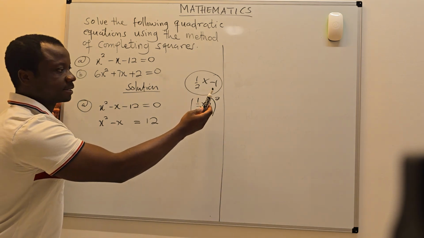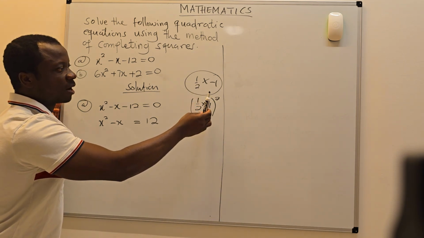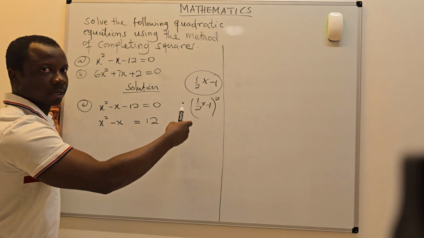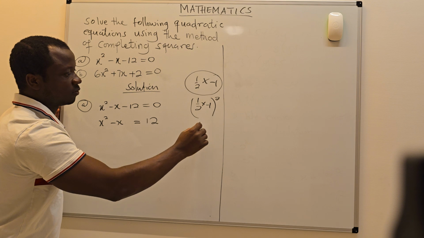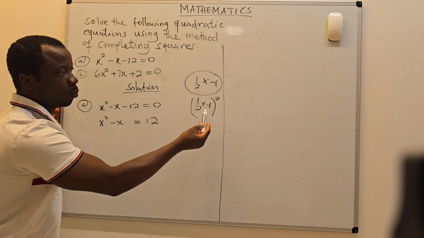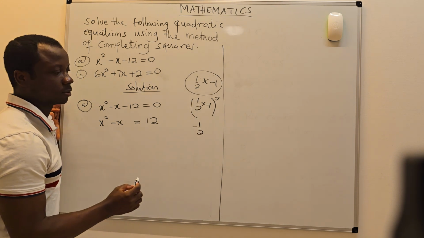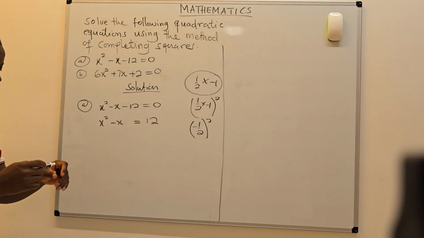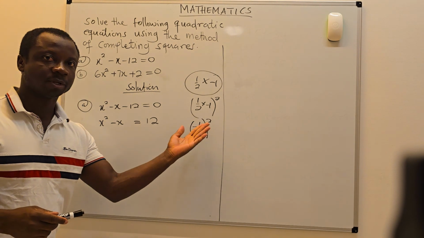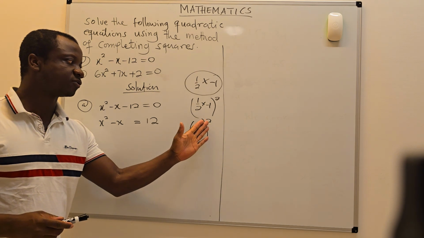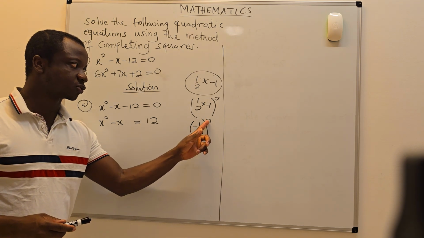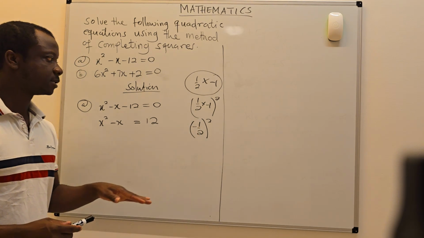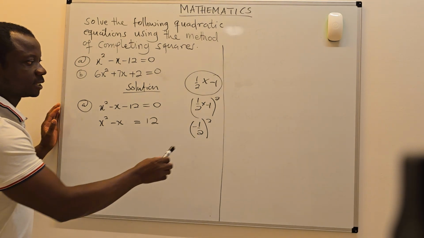We can simplify this answer inside the bracket: 1 over 2 times negative 1 gives us negative 1 over 2, all squared. But we are going to keep it like this; we don't have to simplify the square at this stage.